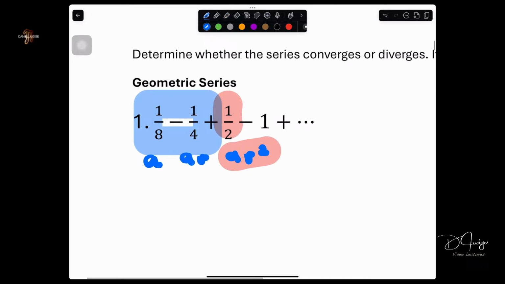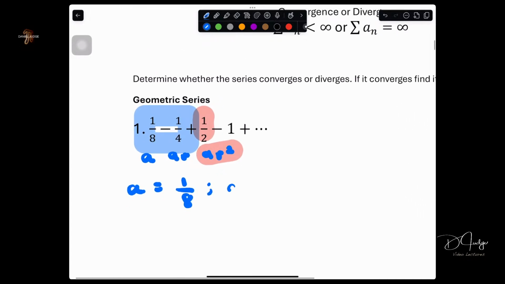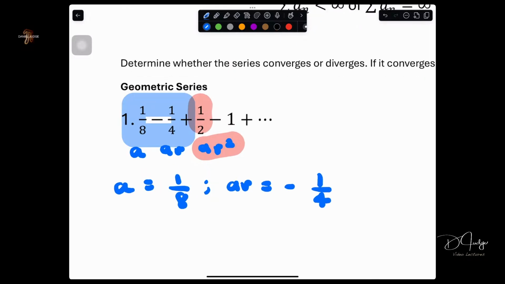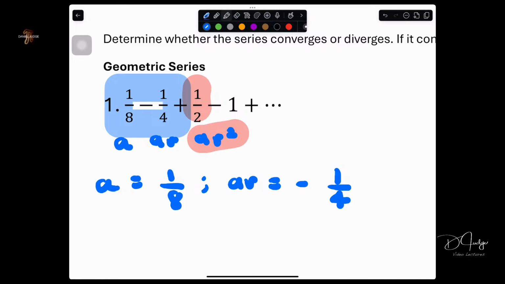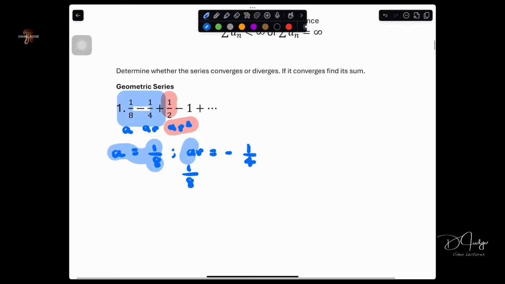So, if this is geometric, A would be 1/8. AR is negative 1/4 now. Okay, that's a negative value. Replace your A, which is 1/8. So you end up getting the relationship that 1/8 R should be negative 1/4.